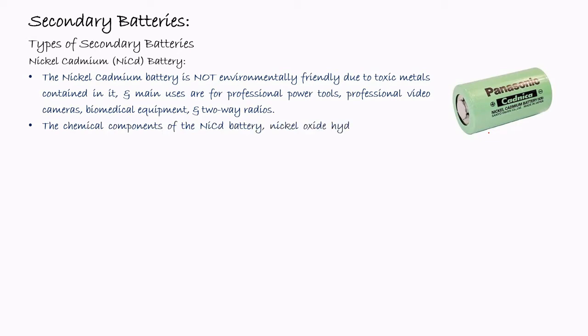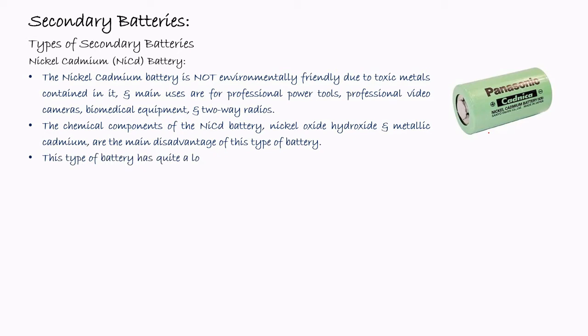The chemical components of the nickel cadmium battery are nickel oxide hydroxide and metallic cadmium. These are the main disadvantage of this type of battery because these materials are very toxic. This type of battery has quite a low energy density and uses nickel oxide hydroxide and metallic cadmium as electrodes.